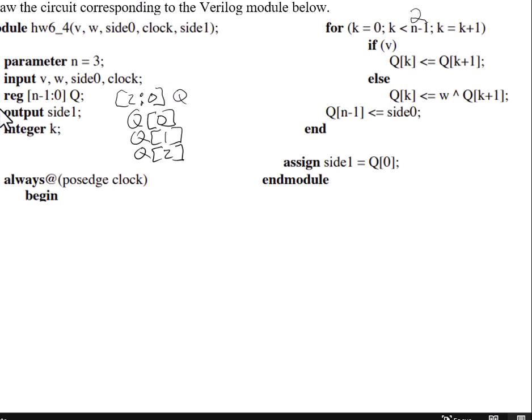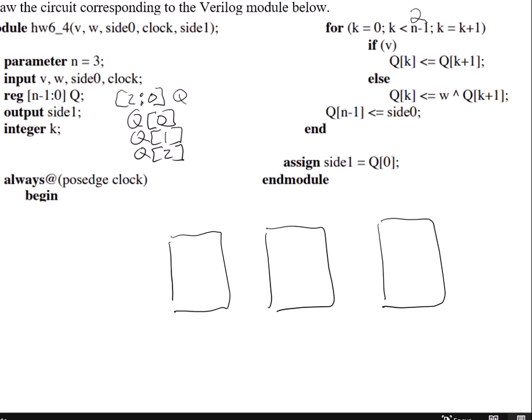Okay, so when you see a setup like this, we can implement it using D flip-flops.